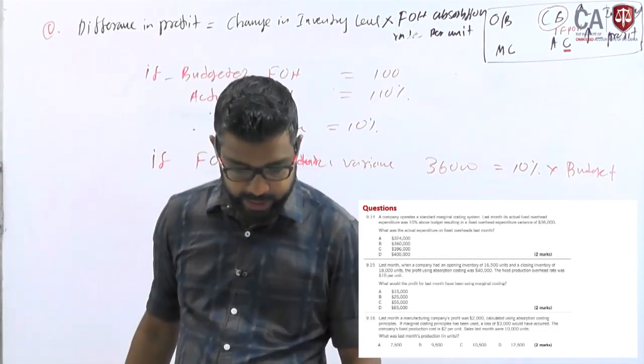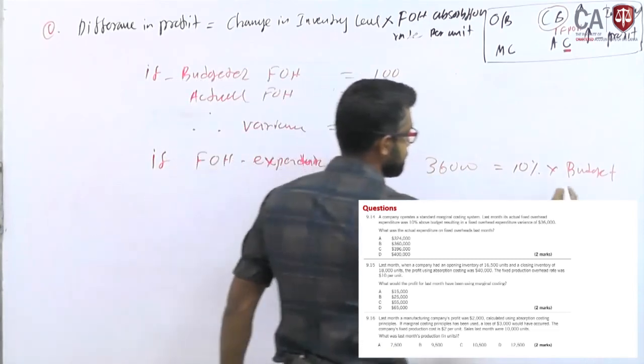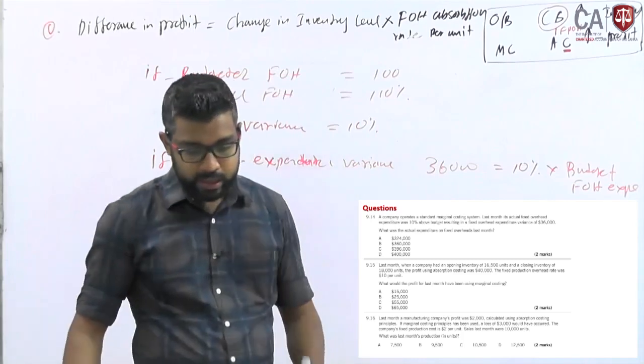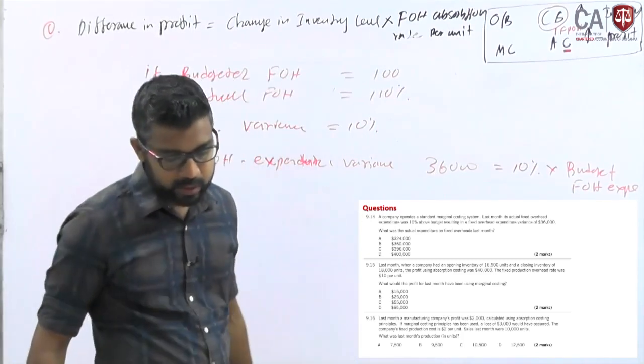What are they asking? The actual fixed production overhead expenditure. Now the variance is this much.